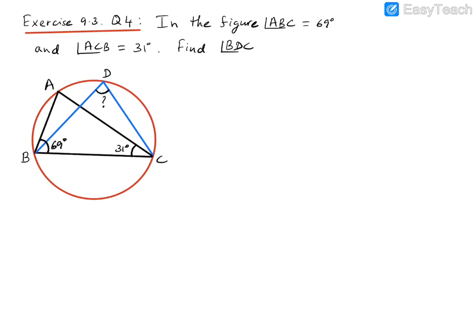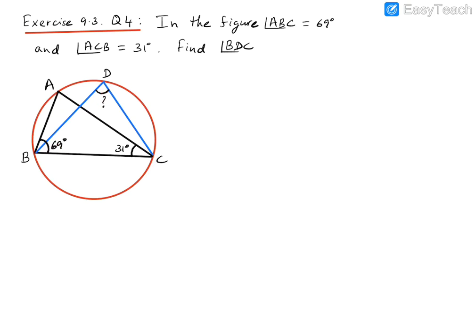Okay, so to find angle BDC, it will be sufficient if we find angle BAC. So if we are able to find angle BAC, then BDC is the same as the angle BAC, because BAC and BDC are both angles subtended by the chord at two different points on the circle, and the angles subtended by the chord at two different points on the circle on the same side of the chord are equal.